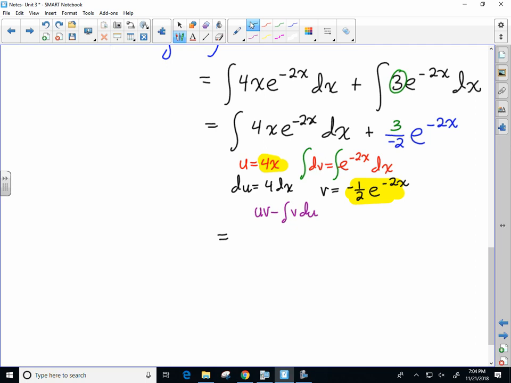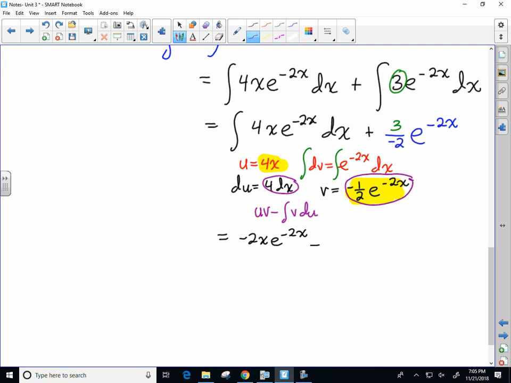So we're talking negative 2x e to the negative 2x minus the integral of v du.